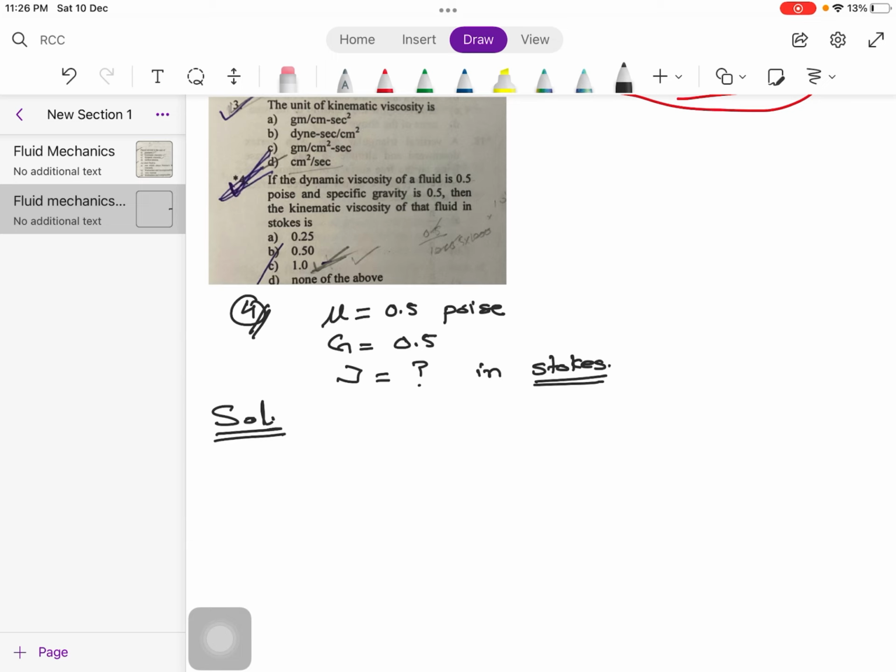So we need to note a few things first. So far we have learned that the unit of dynamic viscosity is Newton second upon meter square, and we need to remember 10 poise make 1 Newton second upon meter square.